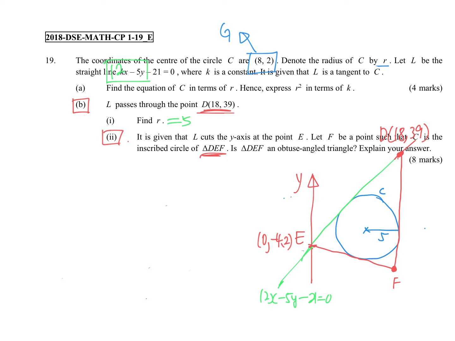G is here, and then C is here. And don't forget, G is known, and DG can be found, right? And similarly, EG can be found.